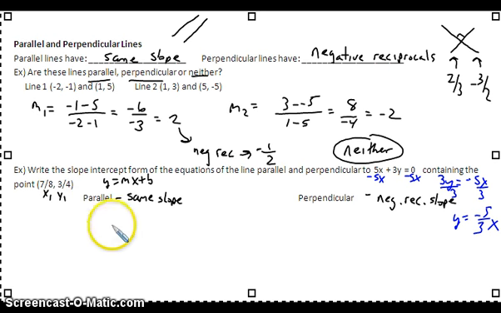So this line here is going to have a slope of negative 5/3. And this slope here is going to have a slope of positive 5/3.